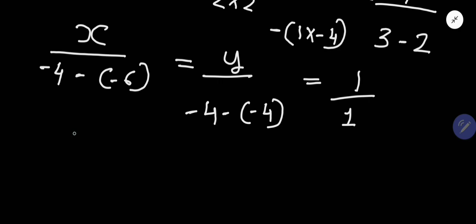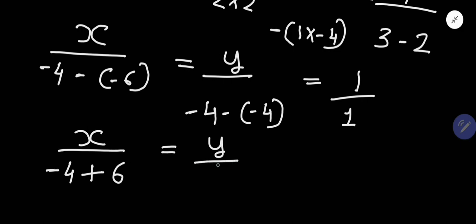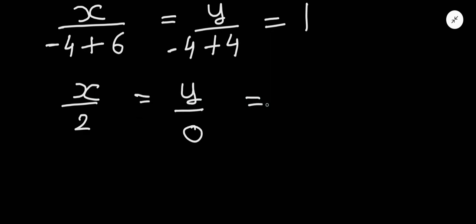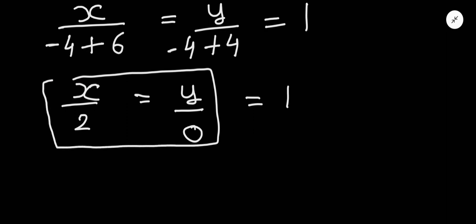So here x is equal to minus 4 minus minus 4 plus 6; for y, here also minus is plus, so minus 4 plus 4, equal to 1. So x upon 2 is equal to y upon 0 is equal to 1. In the end, we always compare these two things with the last one.